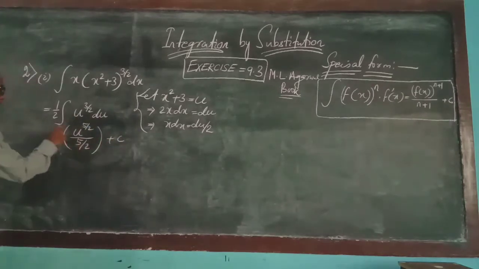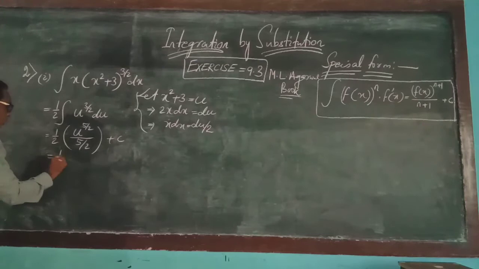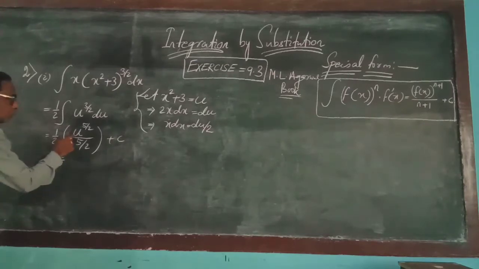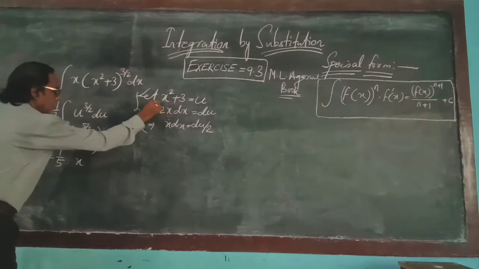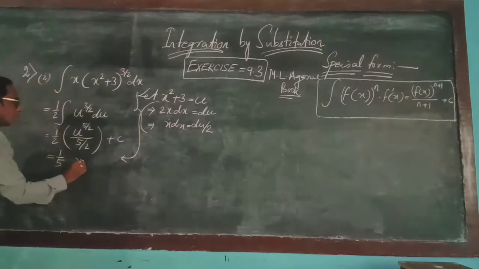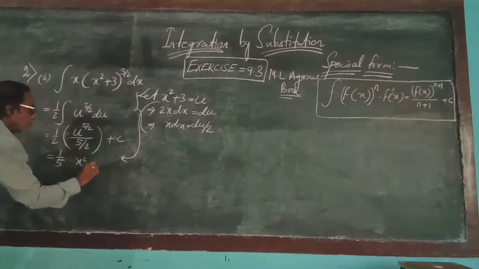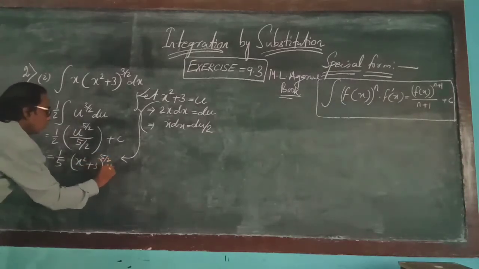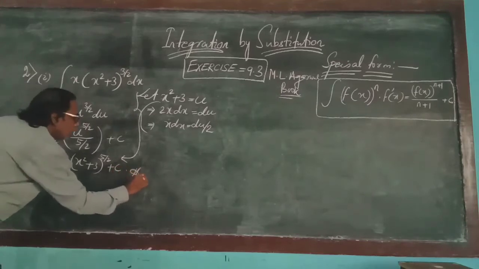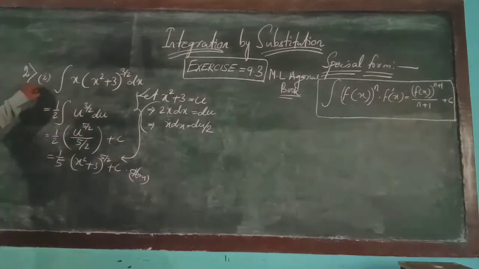This 2 will cancel, leaving 1 by 5. U means x square plus 3. So it is 1 by 5 times x square plus 3 whole to the power 5 by 2, plus c. This is the answer of number 2 first part.